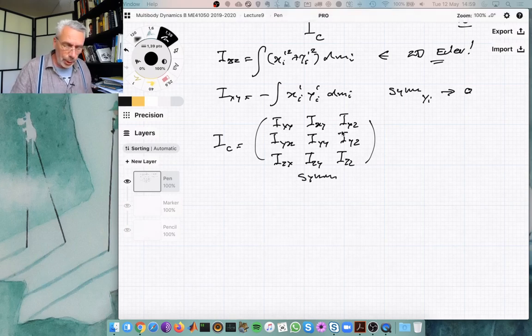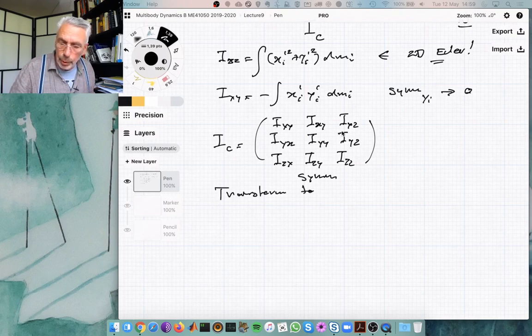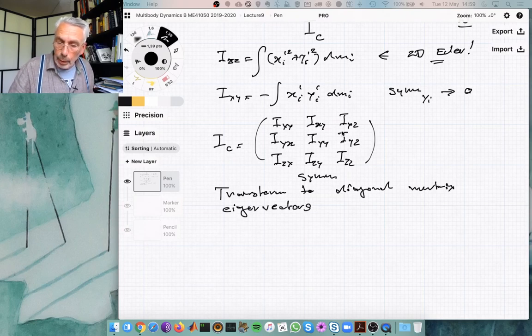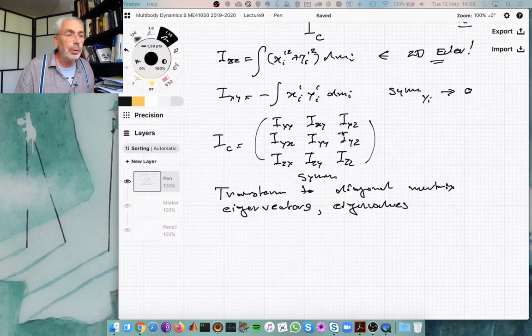Now this is a 3×3 matrix, and of course it's symmetric. That's important to see. But most of all, you can also transform everything to a diagonal matrix, and you can do that with the eigenvalues and the eigenvectors. And what are then the eigenvalues? They are exactly the diagonal values of this matrix.